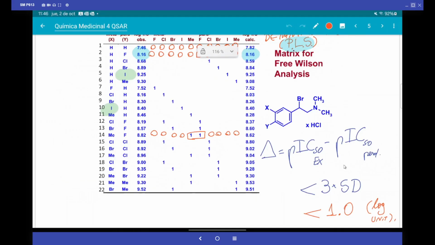Here is the information: a residual, or delta, is the experimental activity minus the predicted activity, and this has to be less than 3 times the standard deviation. If it gives higher, it is a residual. Notice that the criterion of 3 times the standard deviation, in this case, was stricter than simply saying less than 1, because it gave 0.582.